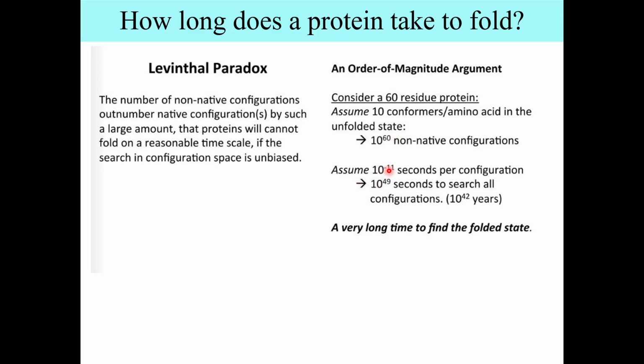Assuming that 10 to the power minus 11 seconds is the time per configuration, that is per conformation, then 10 to the power 49 seconds are needed to search all configurations. And that is these many years to actually come to the native folded state, right? But that is practically not the case. Practically proteins fold within seconds, even less than that probably, right?